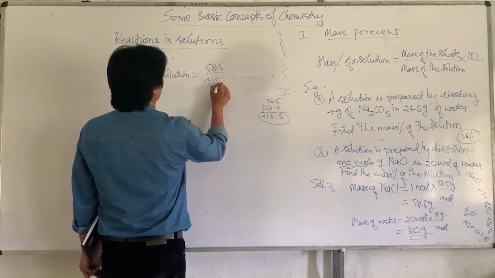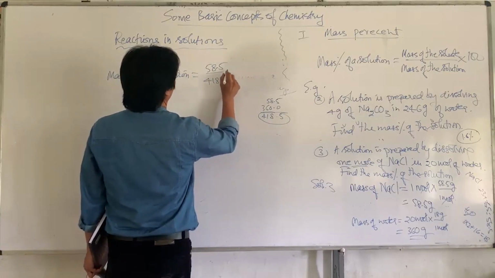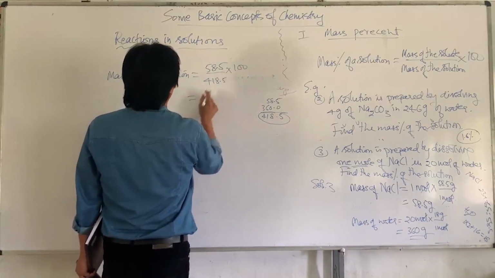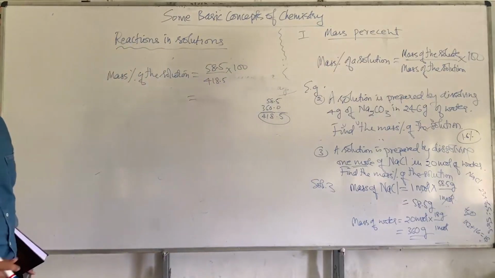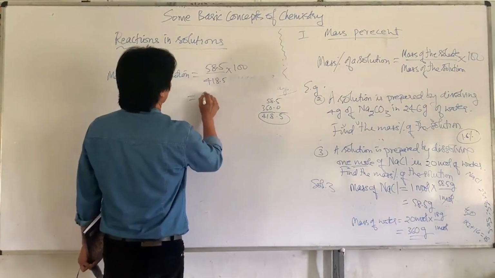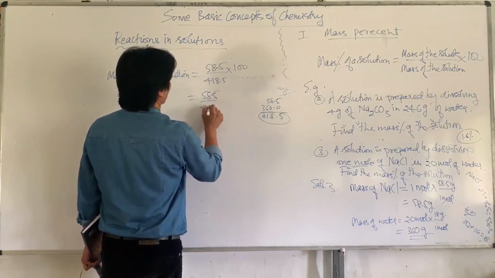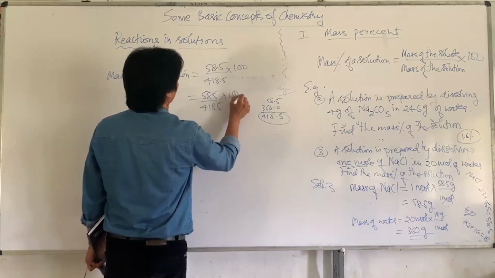So 58.5 by 418.5 into 100. You will have to finally simplify this. It is the same as 585 by 4185 into 100.